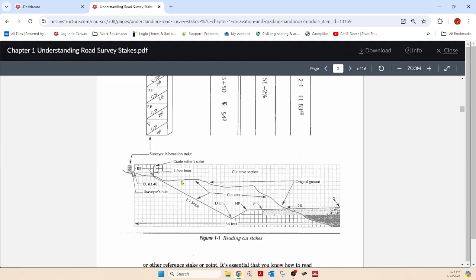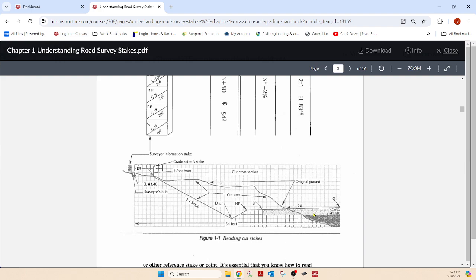We're going to have to remove all of this dirt right here. And over on this side, it's going to be fill from here down. So hopefully the material is good enough to use down here. If it is, we'll have, as you know by now, a balanced job, which is great.